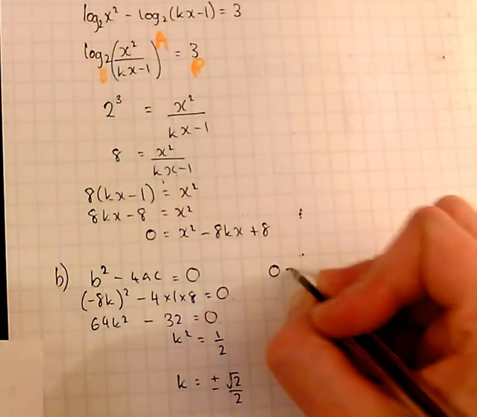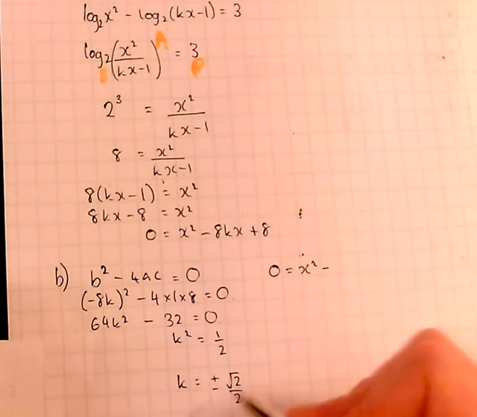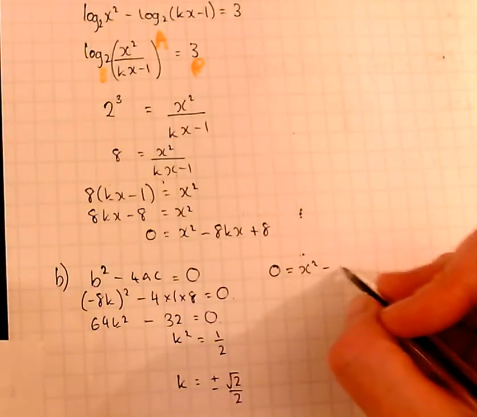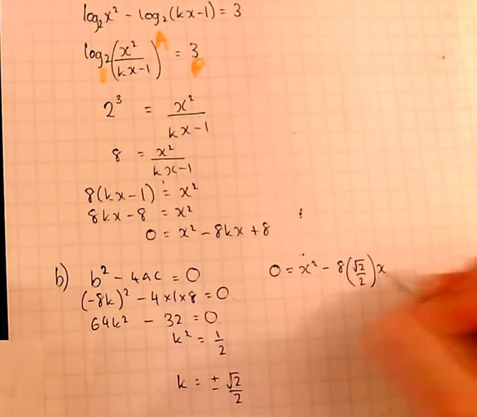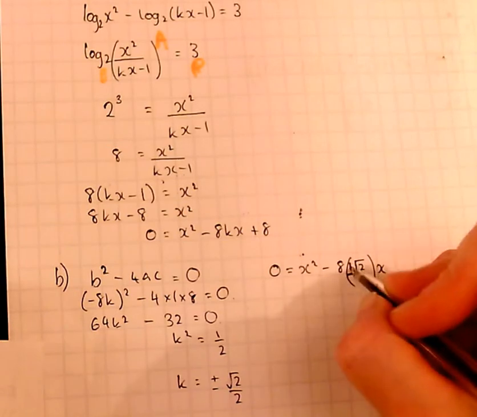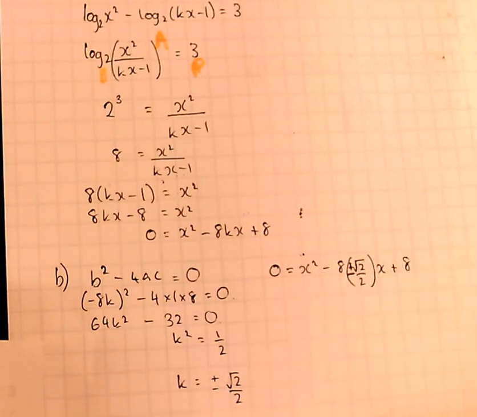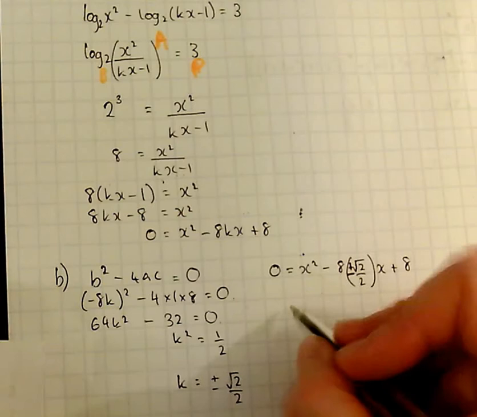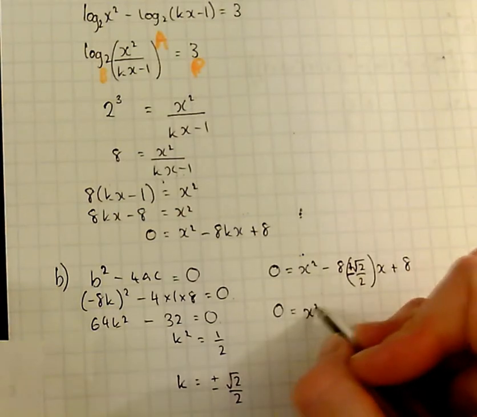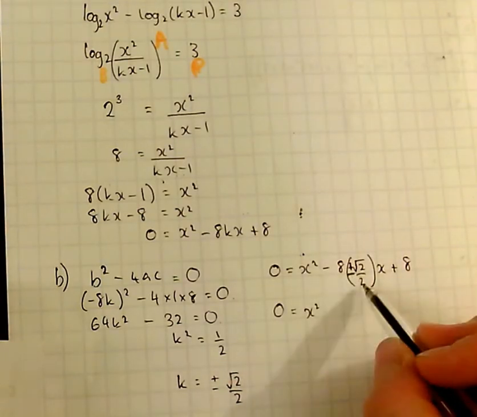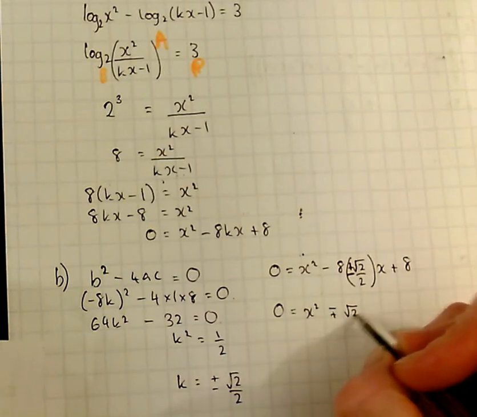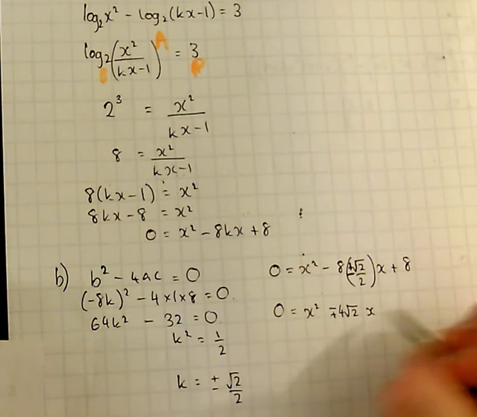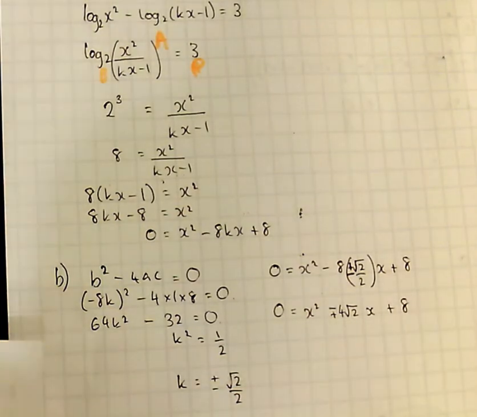So we've got 0 is equal to x squared minus 8 times root 2 over 2, positive or negative, times x, plus 8. Let's just tidy that second term up. So 0 is x squared. So the 8 and the 2 cancel. We're going to get minus plus 4 root 2 of x plus 8.